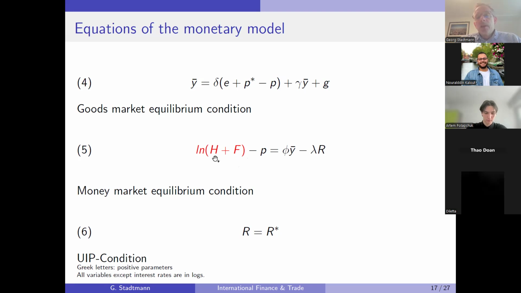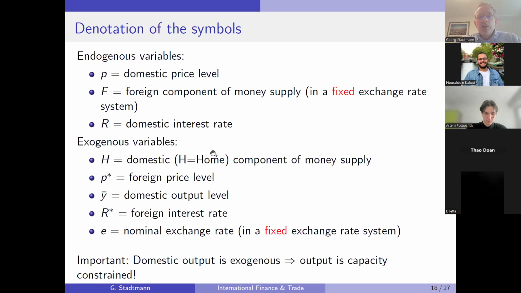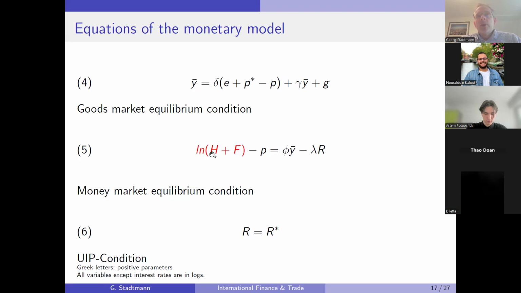So H is the home component, and the home component of money supply changes in case that the central bank is buying or selling domestic bonds at the domestic bond market, and the foreign component of money supply changes in case that the central bank is buying or selling foreign currency when the central bank is forced to intervene at the foreign exchange market.